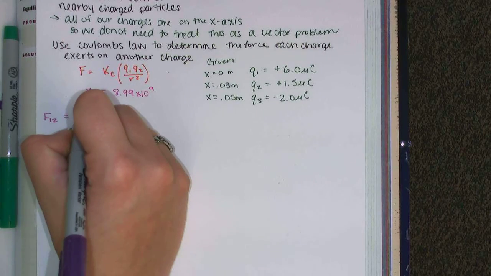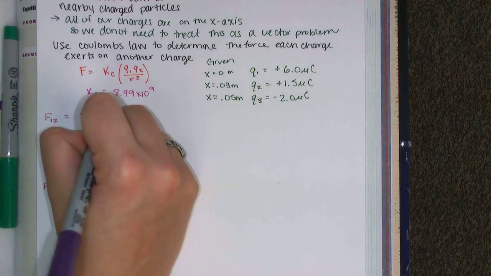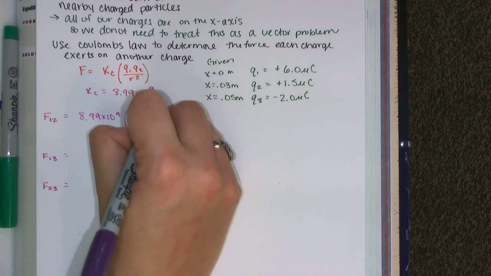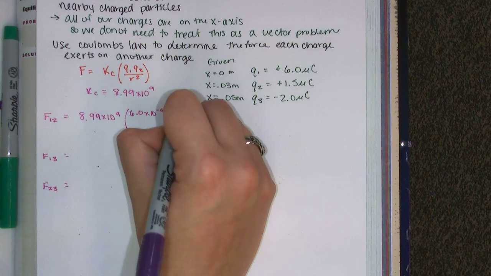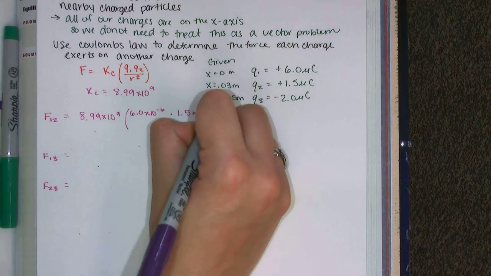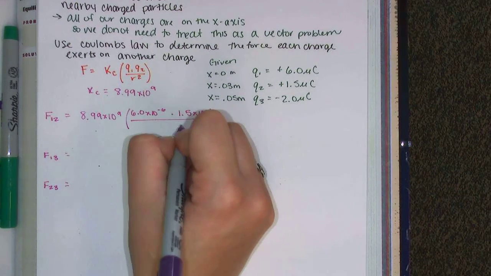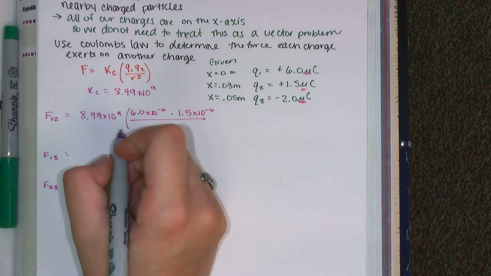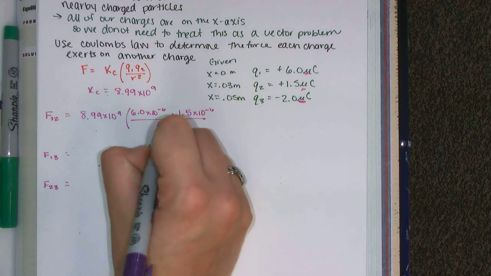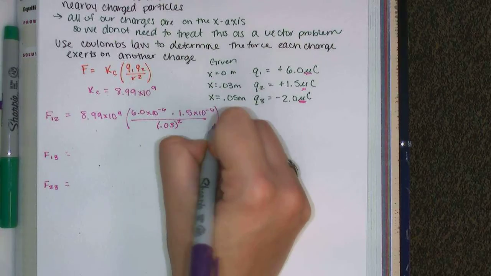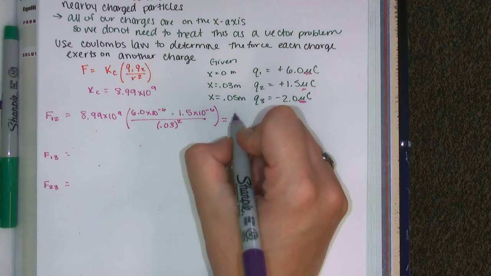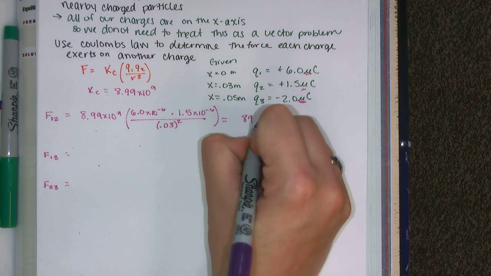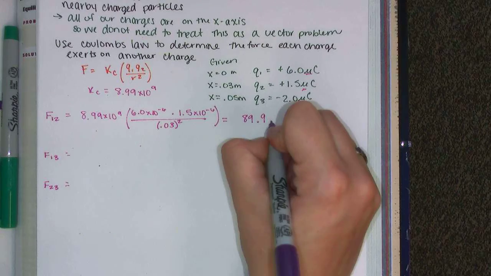So we get here 8.99 times 10 to the 9th times 6.0 times 10 to the negative 6 times 1.5 times 10 to the negative 6 all over, okay, and that's because of this here. That's why it's 10 to the negative 6. Then 0.03 squared is equal to, when you type it in your calculator, I've already done this just to make it go by a little faster, 89.9 newtons.